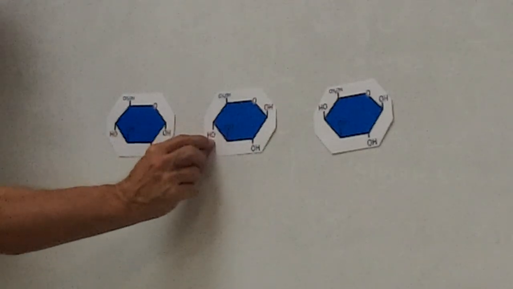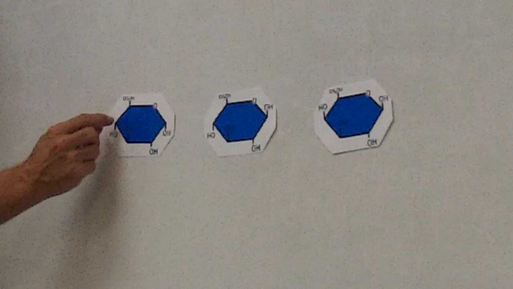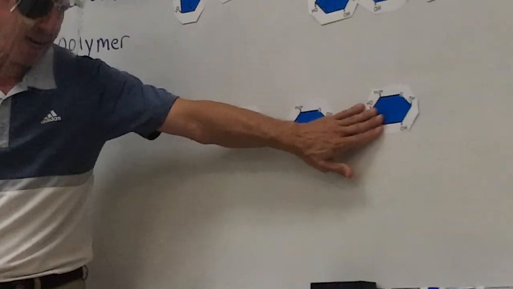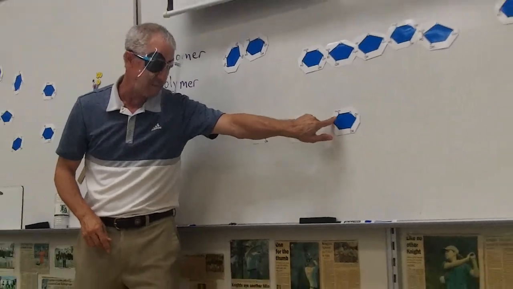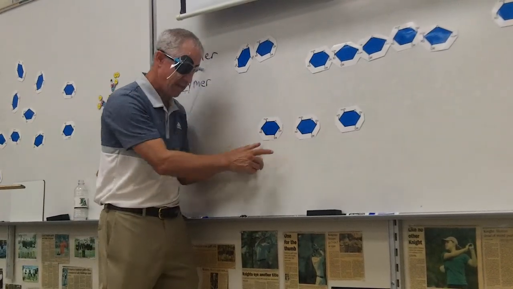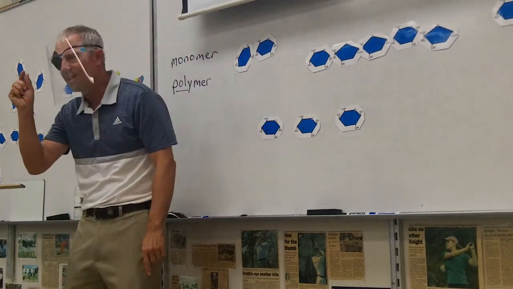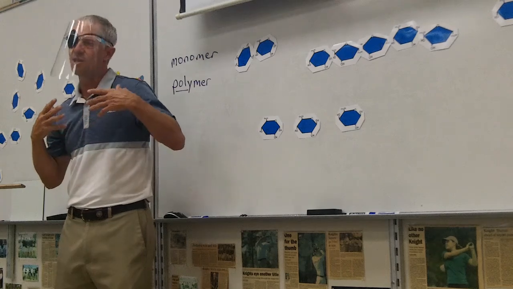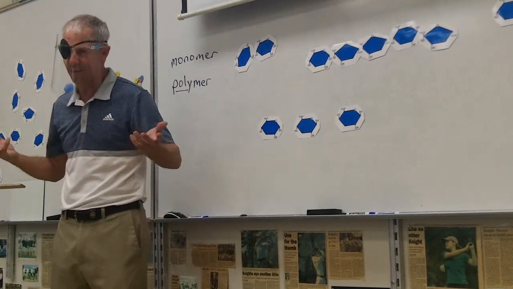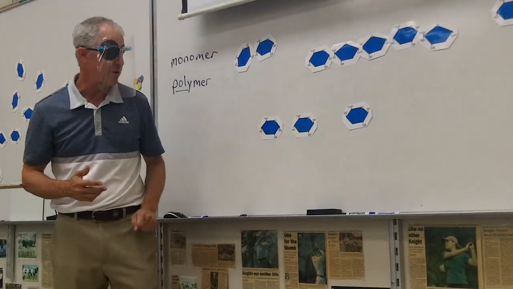If the OH is going down, as it is in both of these, away from the CH2OH, it's glucose. And that's just a tiny difference. Galactose, they're both going up here. Glucose, they're going down, away from the CH2OH. That small difference is the difference between some enzymes being able to break down the molecule and other enzymes not being able to break it down. It's just a small difference, but it's important.